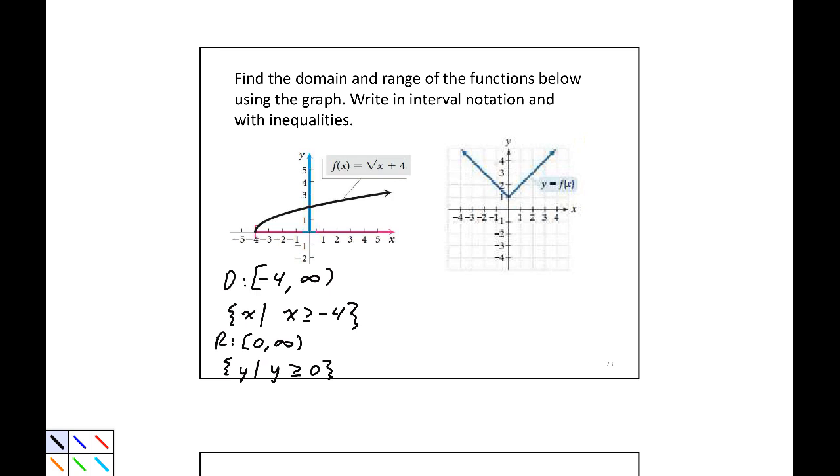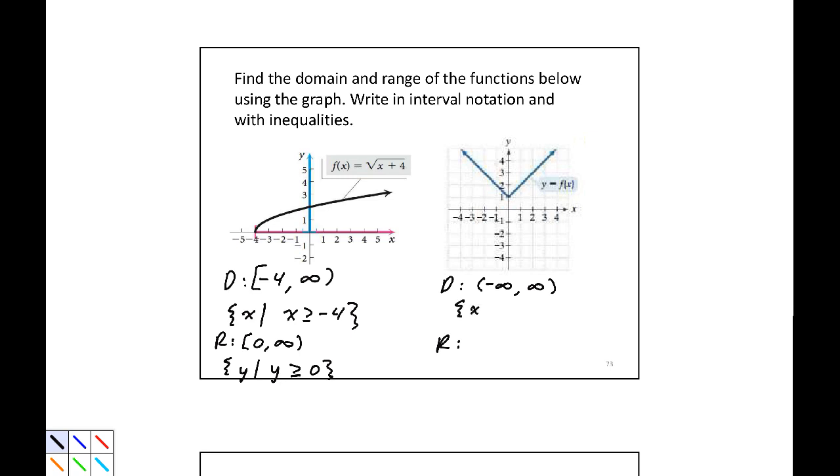Next function, our domain. The furthest to the left this gets, actually it doesn't stop going to the right or to the left. So this is minus infinity and positive infinity.